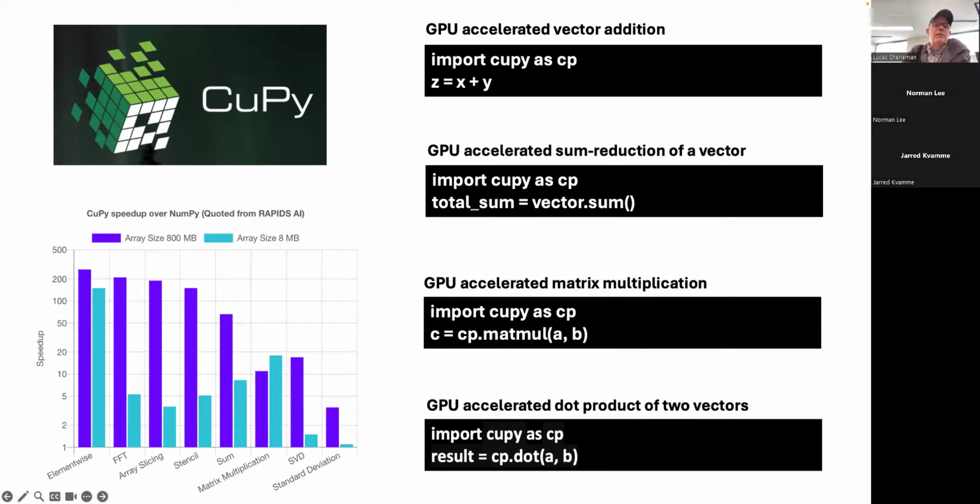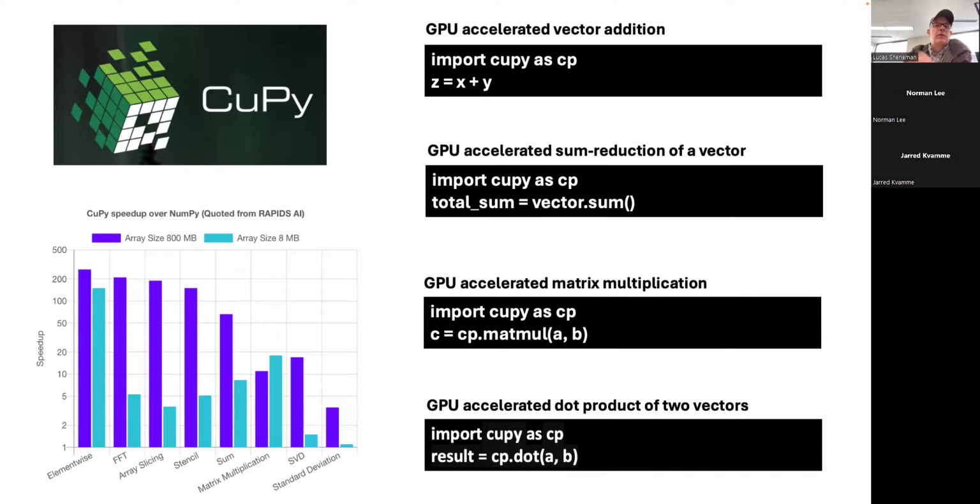So they have this on the website. They describe the speed up that you get from using CuPy versus NumPy. And this speed up here is in times. So on element-wise functions that you do in NumPy, you can experience up to 200 times faster performance by using CuPy.